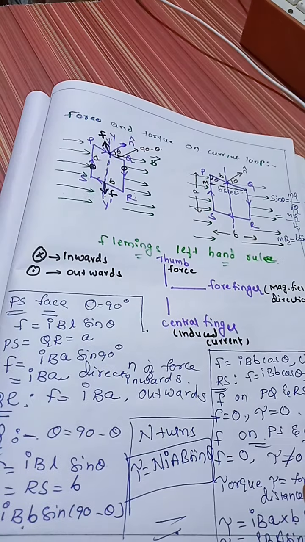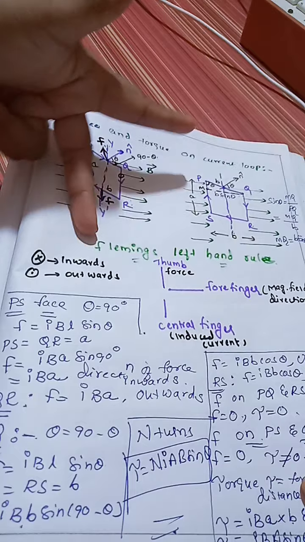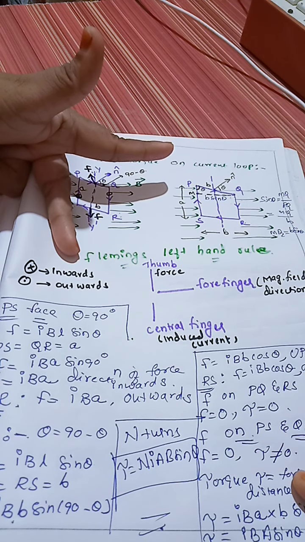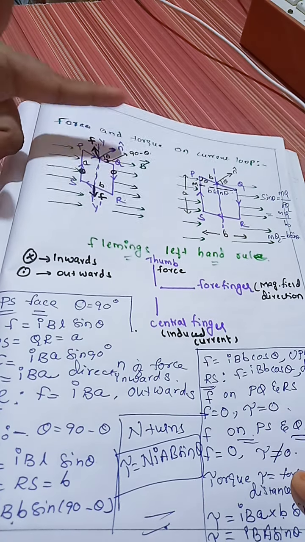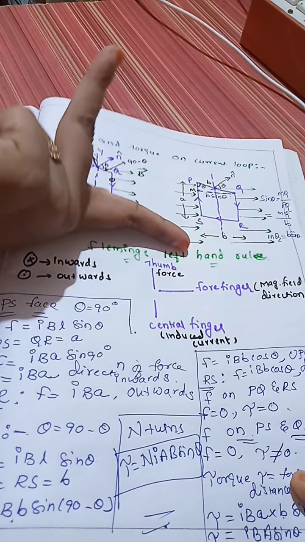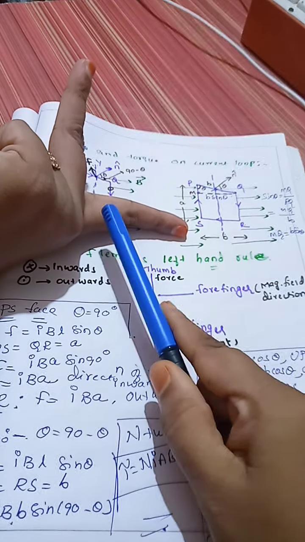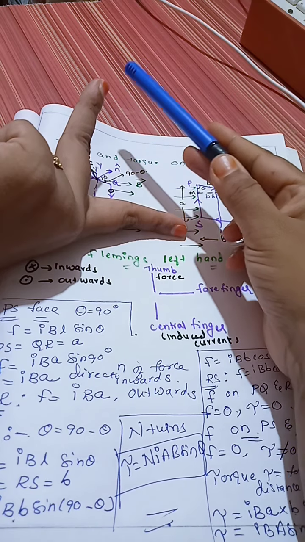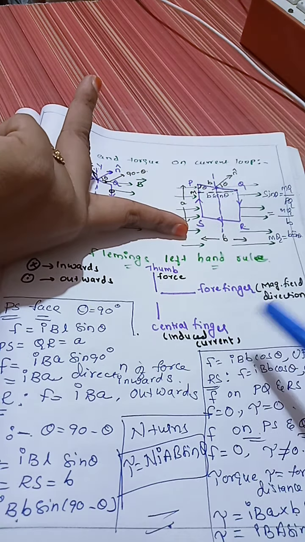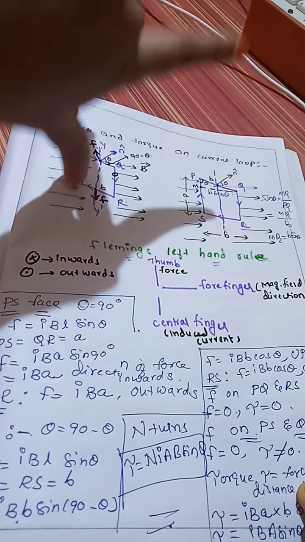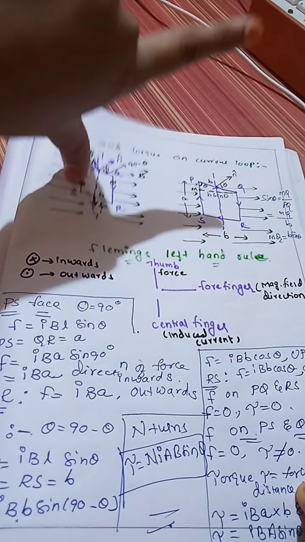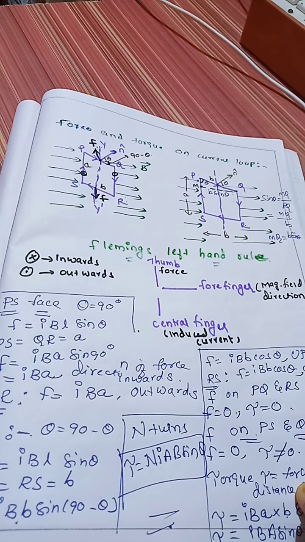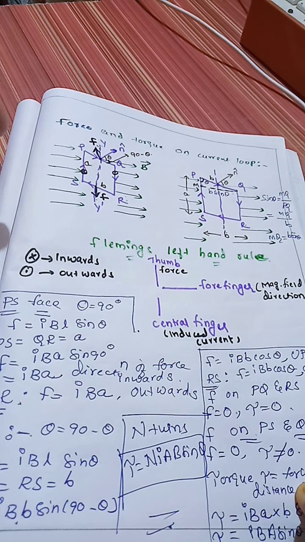Now using this rule, I placed the forefinger in the field direction, but the current is from S to P. So in such a way, with the forefinger along the field direction and the central finger along the current direction, the thumb is acting towards the plane of paper, that is inwards. Okay, so along the PS face, the force is acting inwards.